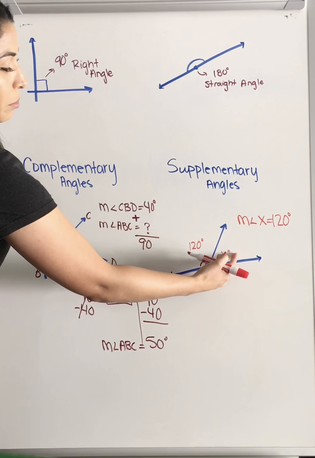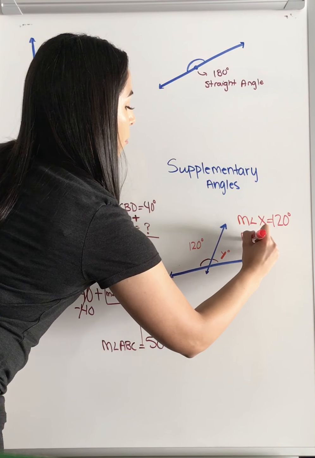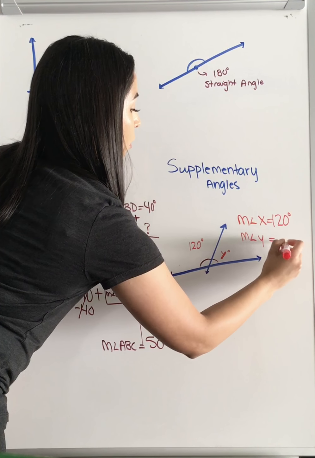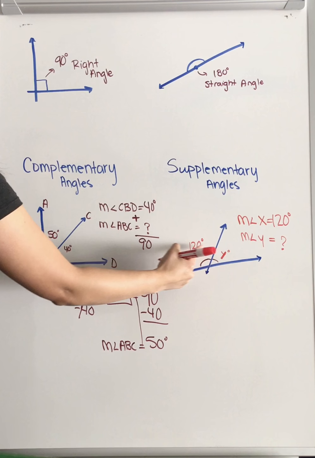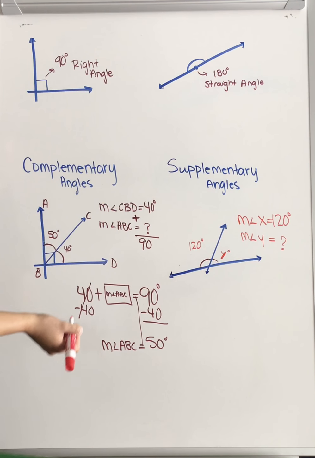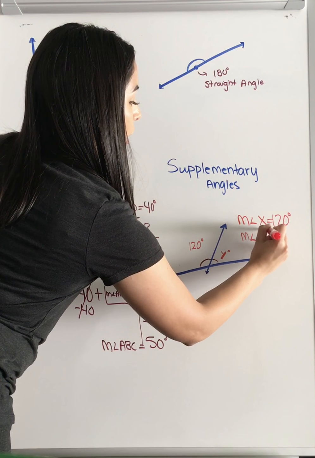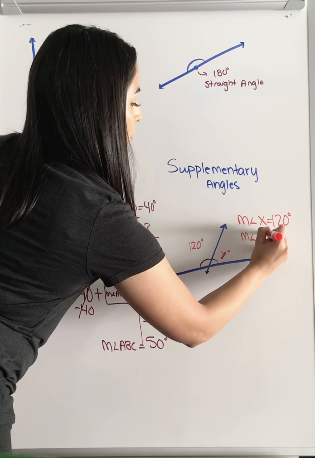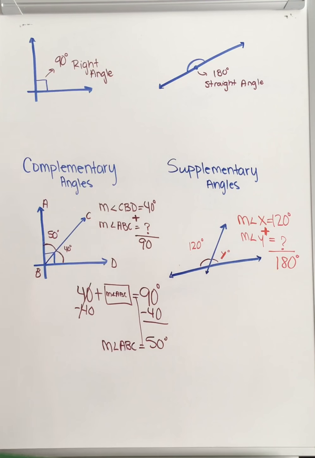So then what's missing? Okay, so I want to find the measure of angle Y. I don't know what it is yet, but I do know that when I add them up, it should equal 180 degrees. Right? I should know that adding them will give me 180 total.